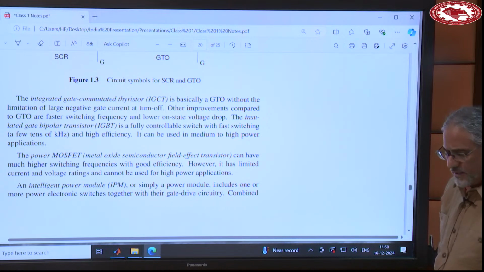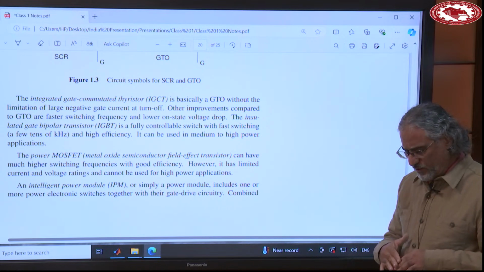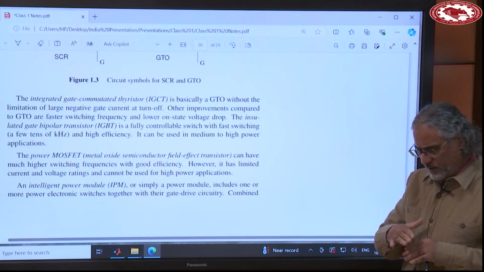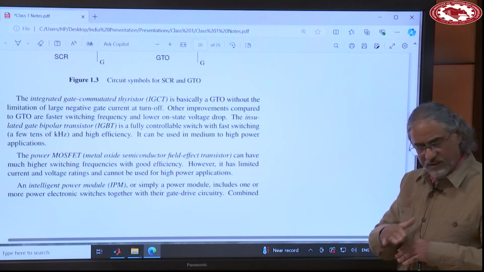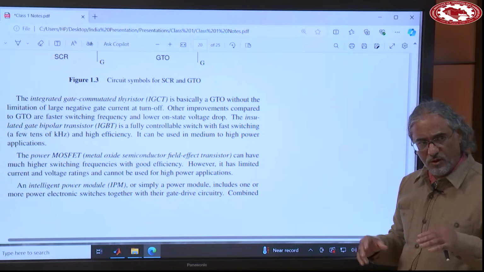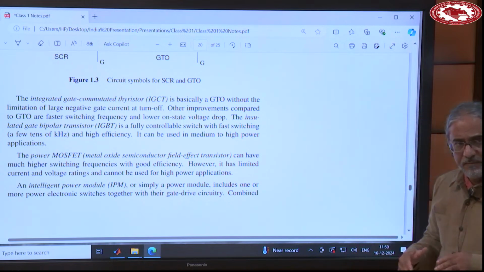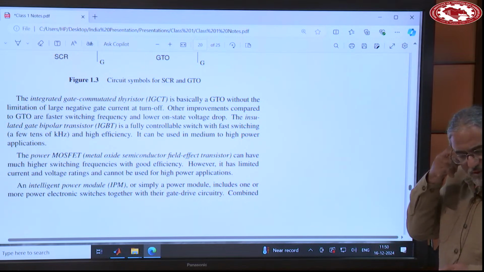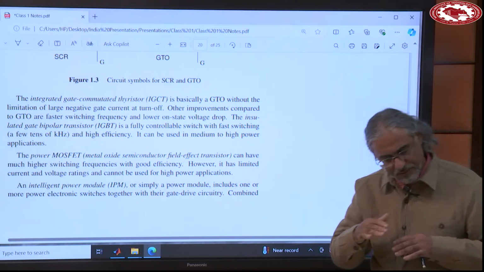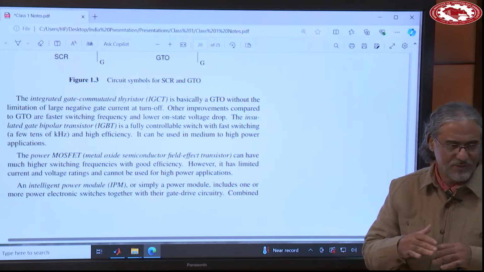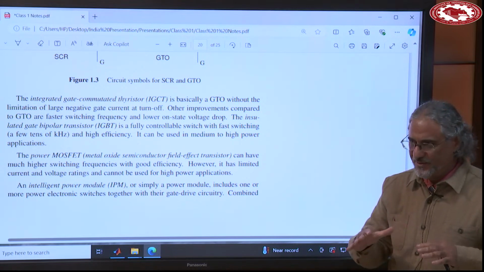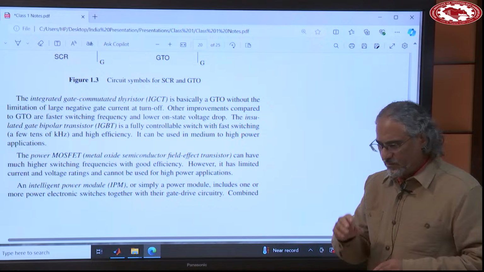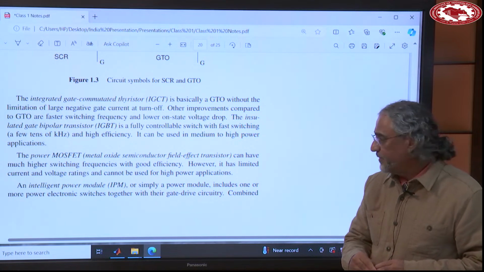By the way, regarding the level of current and voltage of the switch, the current is the amount of current that it can tolerate when it is on, the maximum amount of current, or the rated. There is a difference between the maximum and the rated: rated is the typical, but the maximum is slightly above the rated.